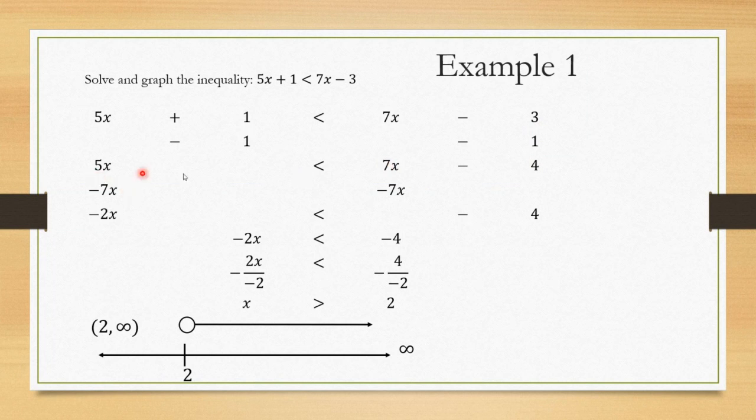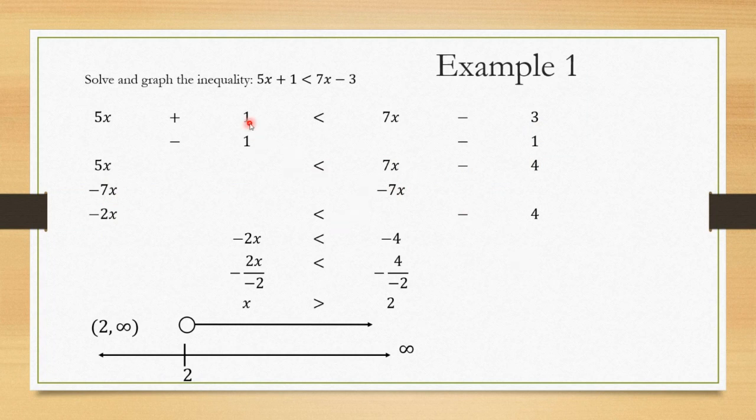We get 5x is less than 7x minus 4. Then we subtract 7x from both sides. Once we do that, we have minus 2x is less than minus 4.